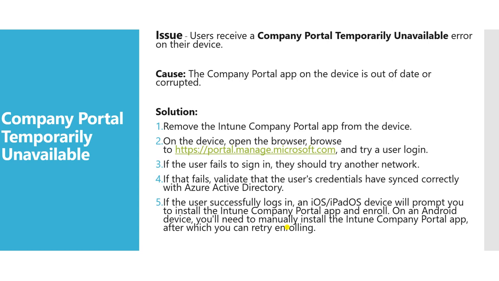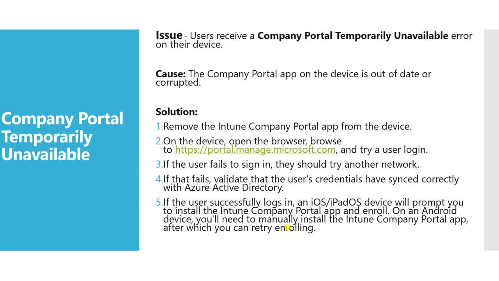So what you need to do is remove the company portal app from the device, and on the device open the browser, go to portal.manage.microsoft.com and try to log in. If the user fails the sign in, then there should be another network issue. If that fails, validate the user credential has synced correctly with the Active Directory.